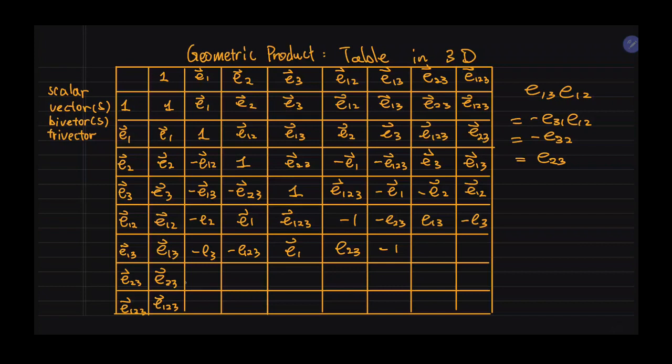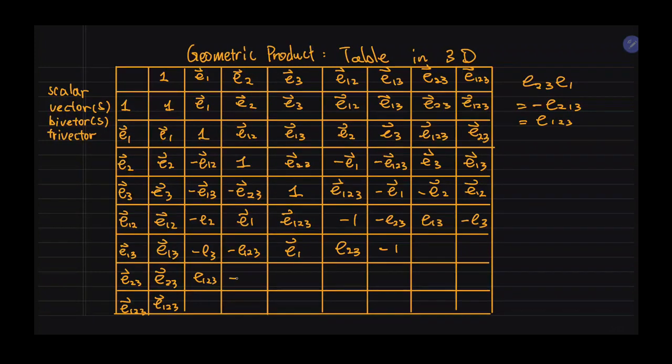We calculate this four row first. e23 e1 is equal to, we need to swap the order, minus e213 and plus again e1123, so e123.